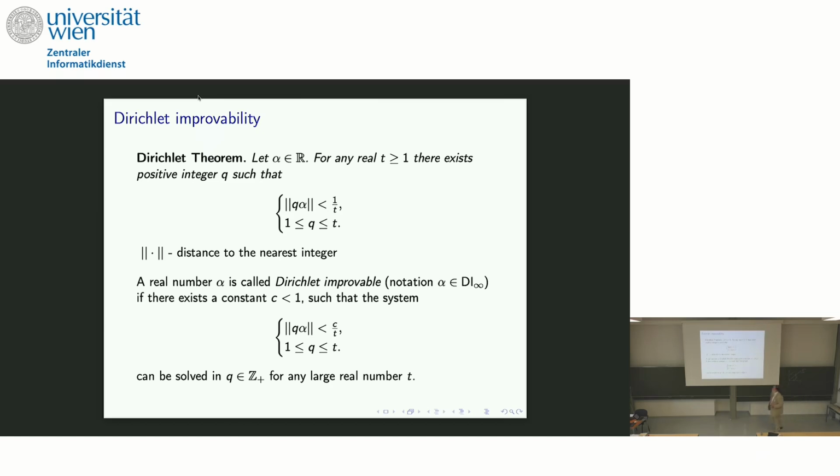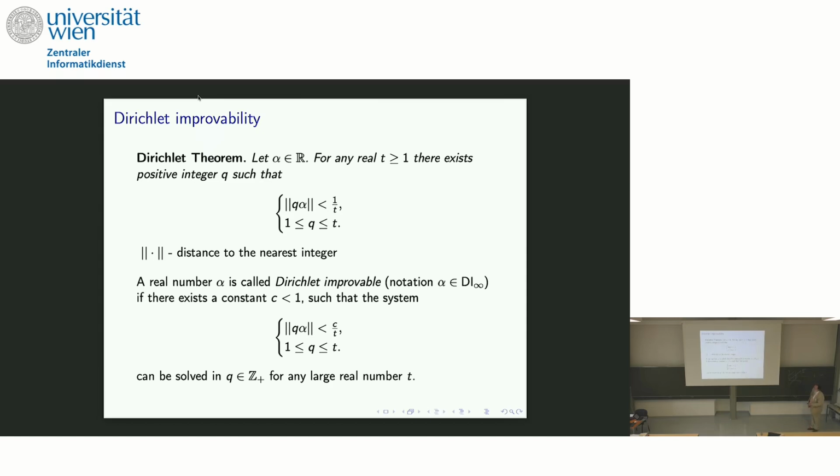And in the title there was a notion of Dirichlet improvability. Here is the definition. A number is called Dirichlet improvable if each smaller parallelogram with c over t, with c less than 1, contains an integer point.